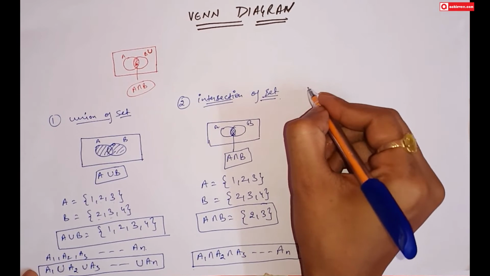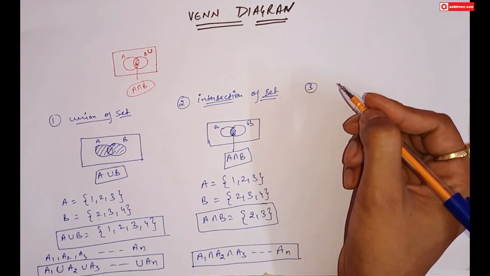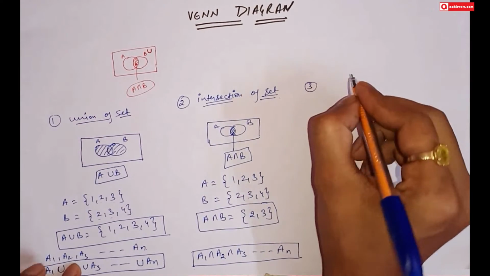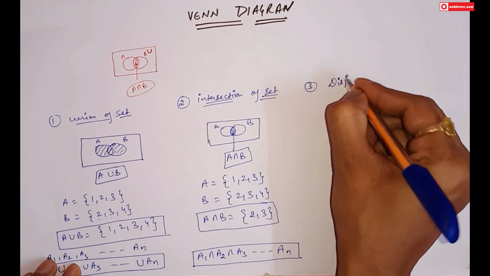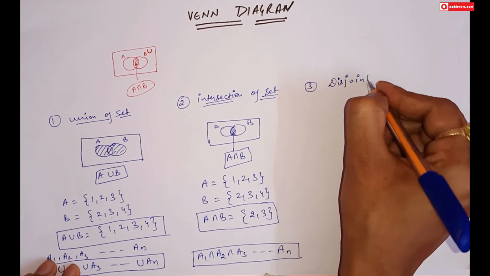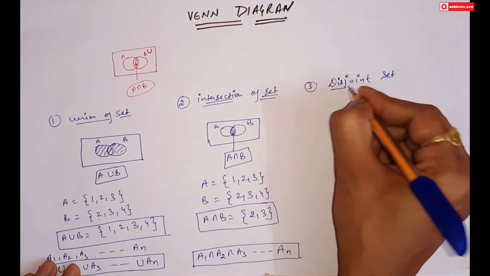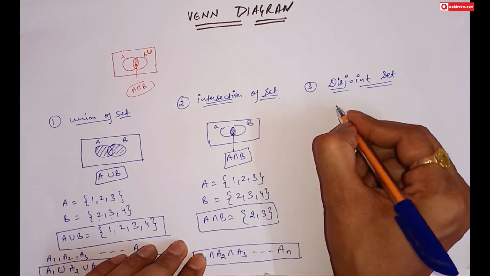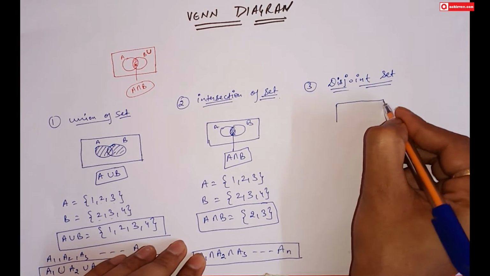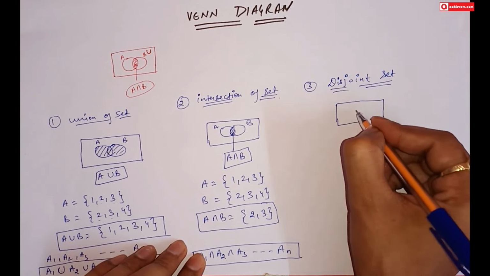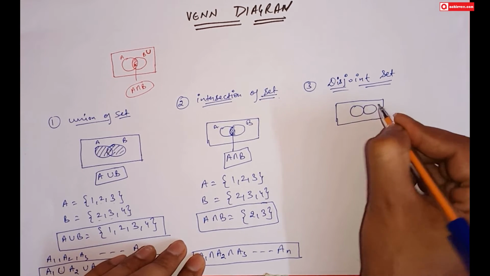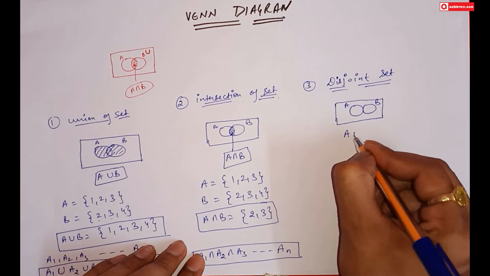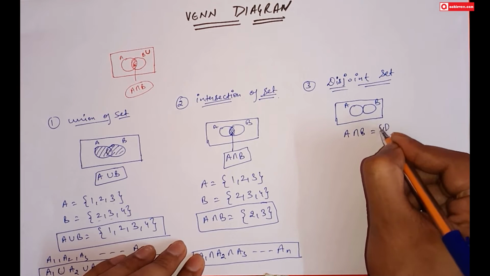The third representation of operation in the set is disjoint of a set. Disjoint is when there are two sets, say A and B, and there is no element common in it, that is A and that is B. So there is no element common in it, that means A intersection B is phi.